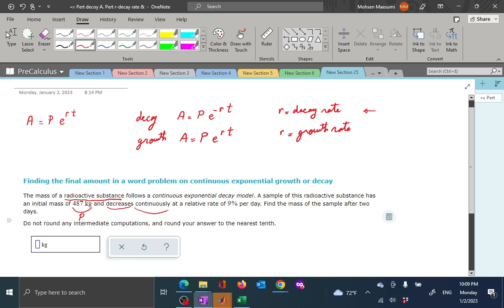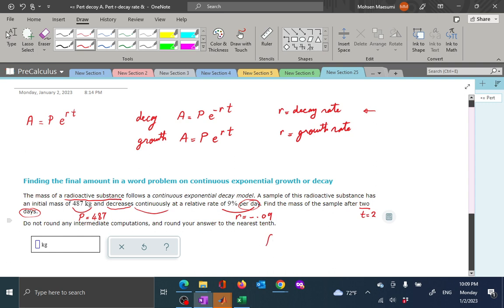It has a rate of 9% per day, and then we are waiting just 2 days, so R is minus 0.09, P is 487, and for T, we have to pay attention that the unit that is used is the same in both cases. Otherwise, you have to do a conversion to get them to be the same. So here T is 2.